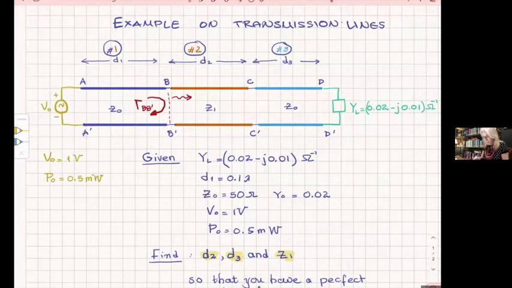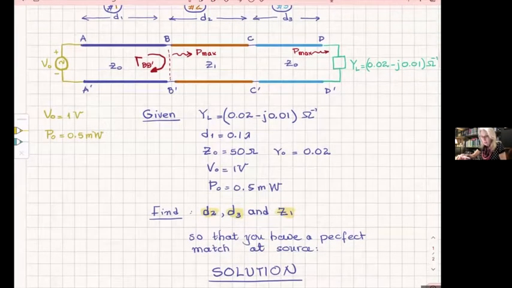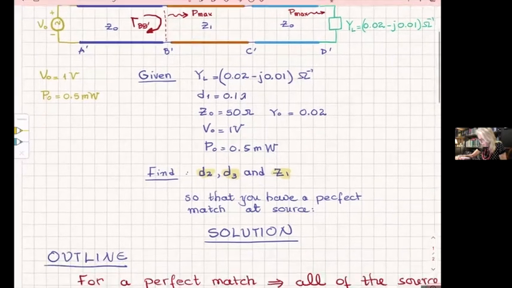And I don't want that. I want all of this power, P max, that comes from the source, to go to the load at the end. So whatever I add has to be only reactive.